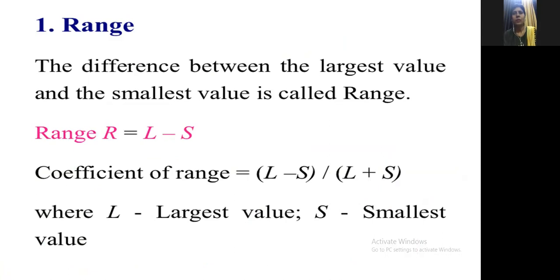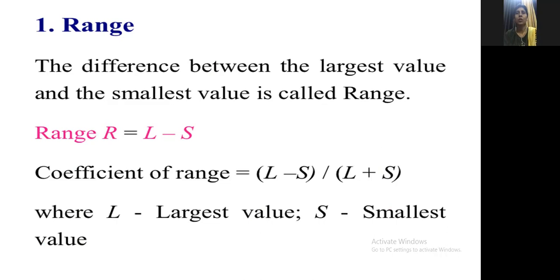As I said, the first measure of dispersion is range. What range actually explains is, as I said, a medium to get a quick idea related to the data variation.